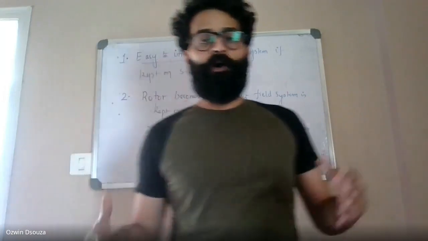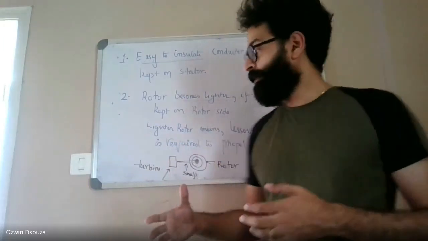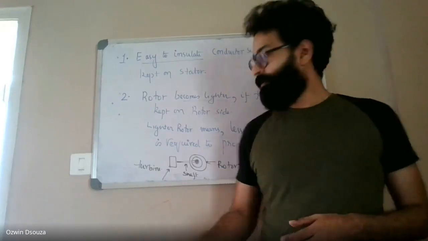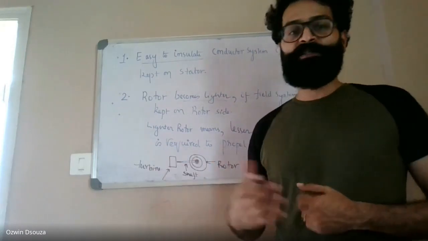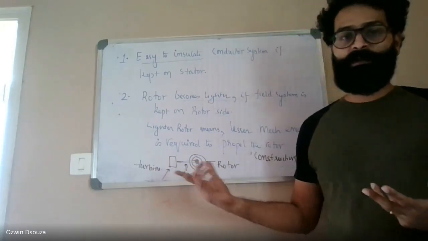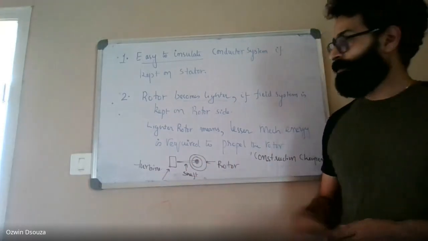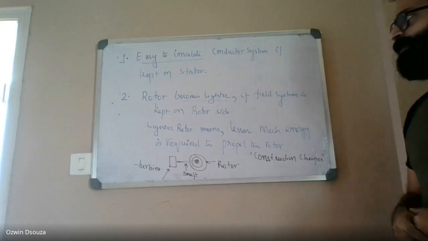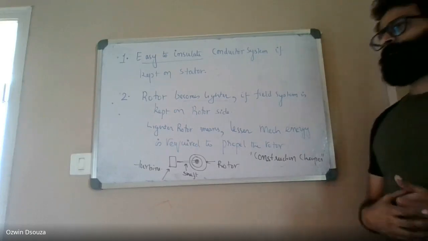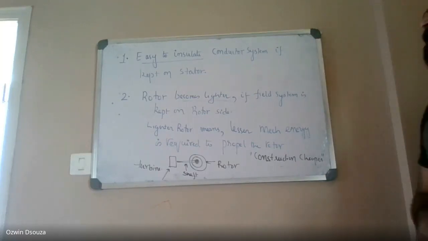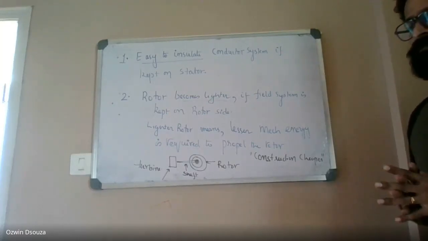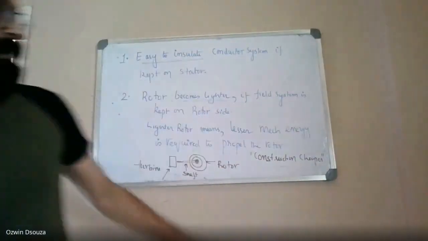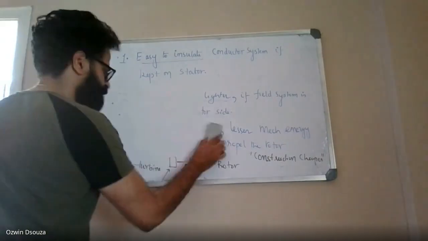Imagine if you place all the conductors along with insulation on the rotor side, what would have happened? You would have had a heavier rotor, and a heavier rotor would require larger prime moving energy. That makes your setup very, very costly. So that's the reason it is convenient to keep the conductors on the stator side rather than on the rotor side. Okay, so that's the second advantage.